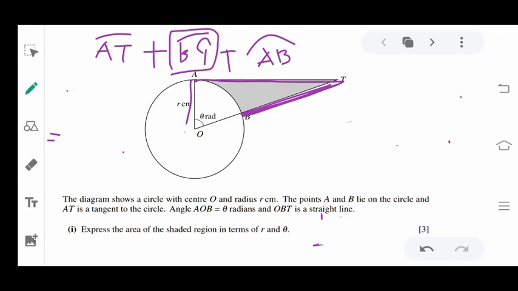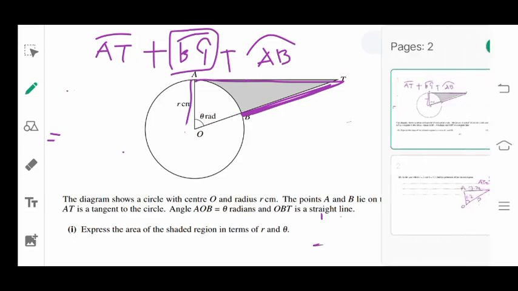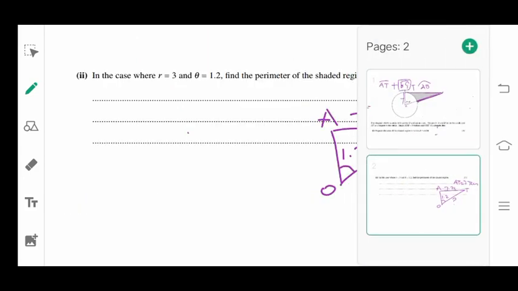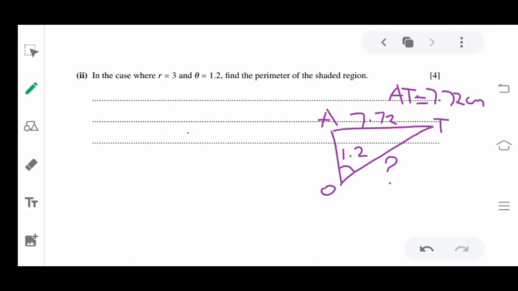Yes. So let's find the length OT, and already we know that the triangle is a right triangle, so we can use the trigonometrical ratios directly as sine 1.2. So we get sine 1.2 radian is equal to opposite side divided by hypotenuse, which is OT.